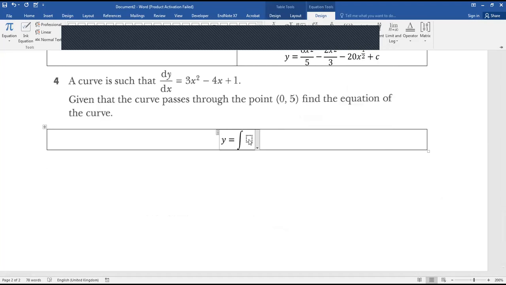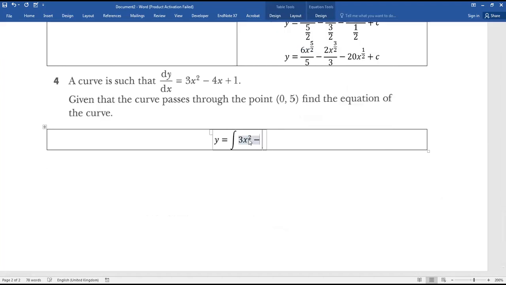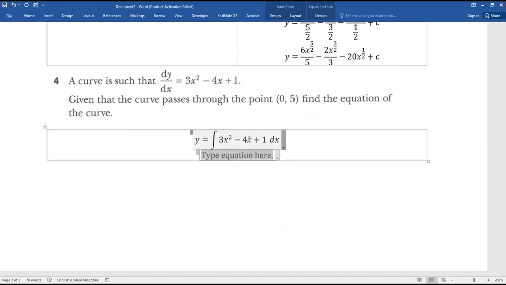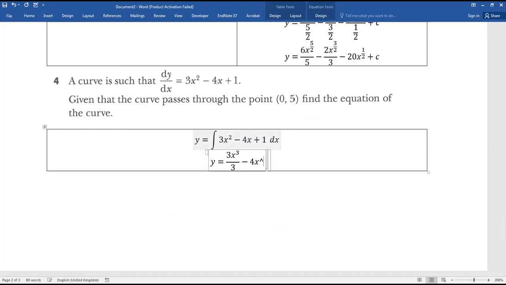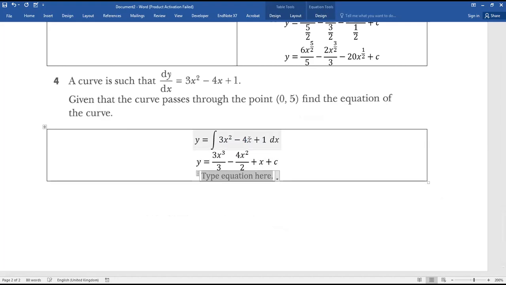Yes, sir. So 3x squared minus 4x plus 1, when integrated with respect to x, will give me y. Let's integrate it: 3x cubed upon 3 minus 4x squared upon 2 plus x plus c. Is this the equation of the curve?